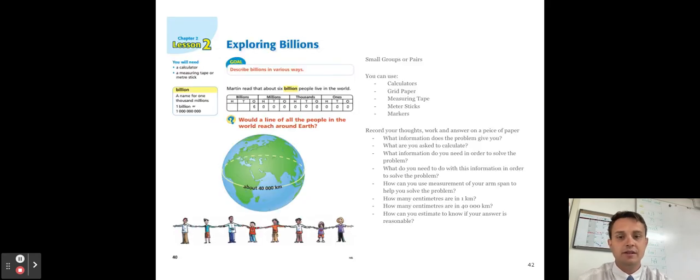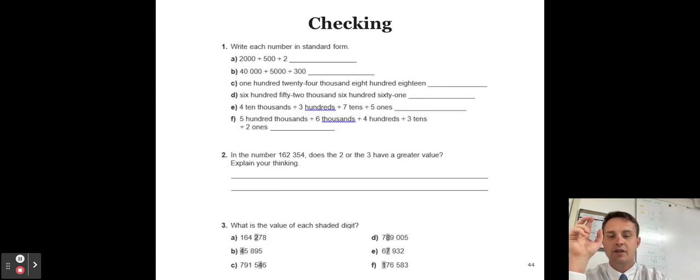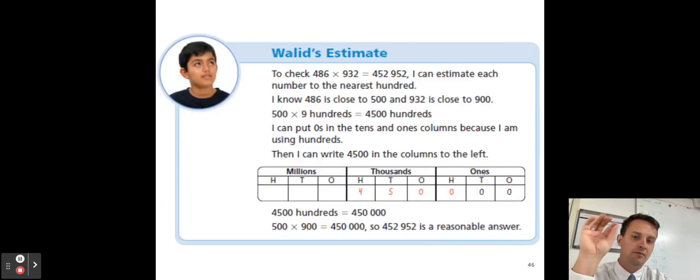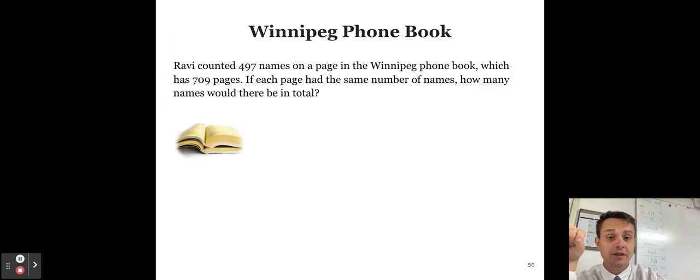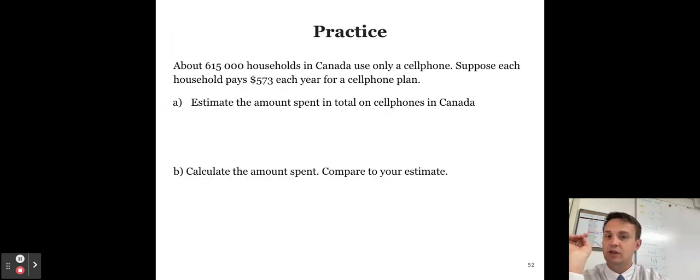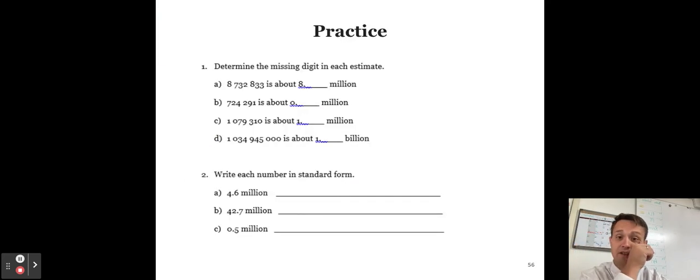This is a problem-solving question about if a line of all the people around the world would reach around Earth. Some more problem-solving questions, some more checking, problem-solving, examples, reflections, some more problems. So lots and lots of good stuff. Dice game, all this good stuff.